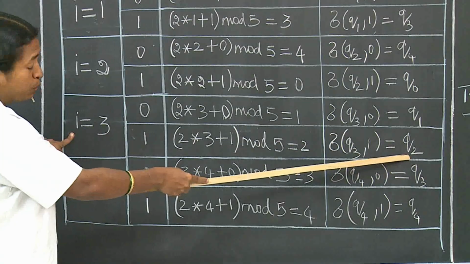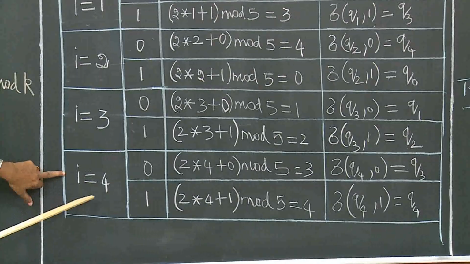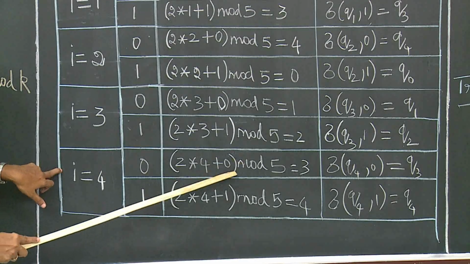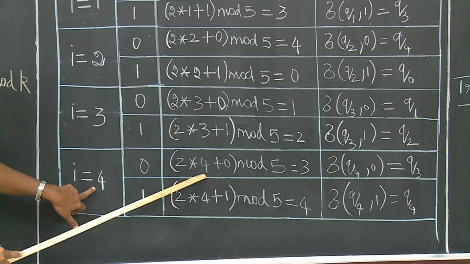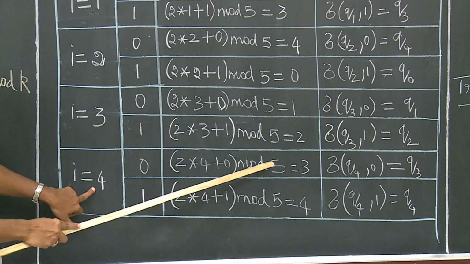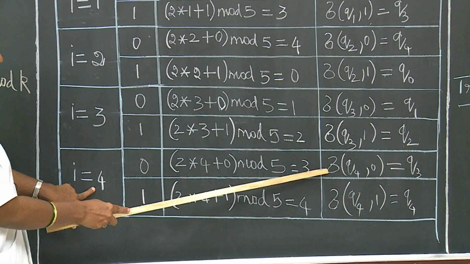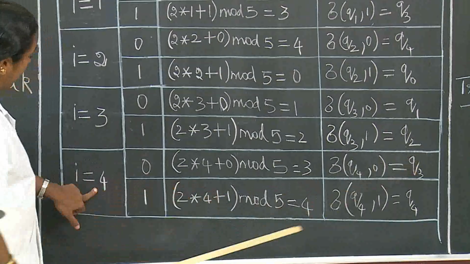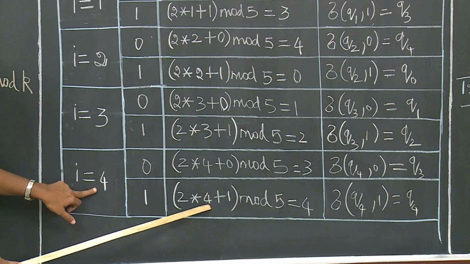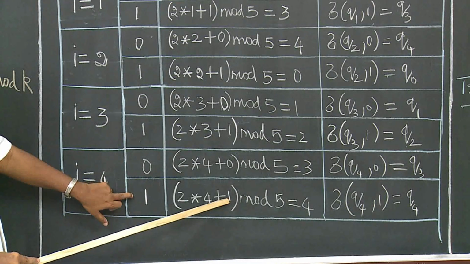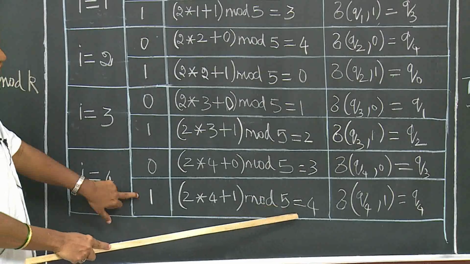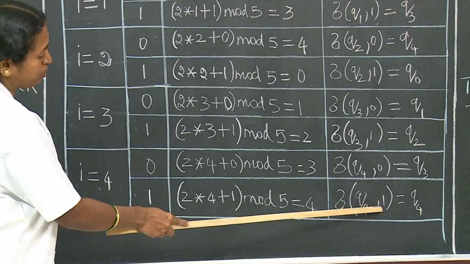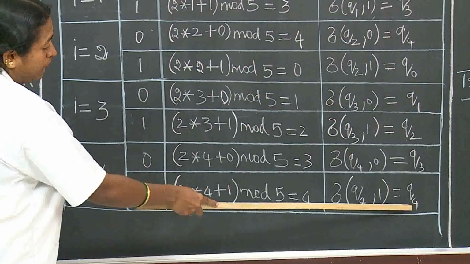We get Q2. For i = 4, by substituting, we get the value of j as 4. So there will be a transition from state Q4. By accepting the input symbol 1, it remains in the state Q4 itself.